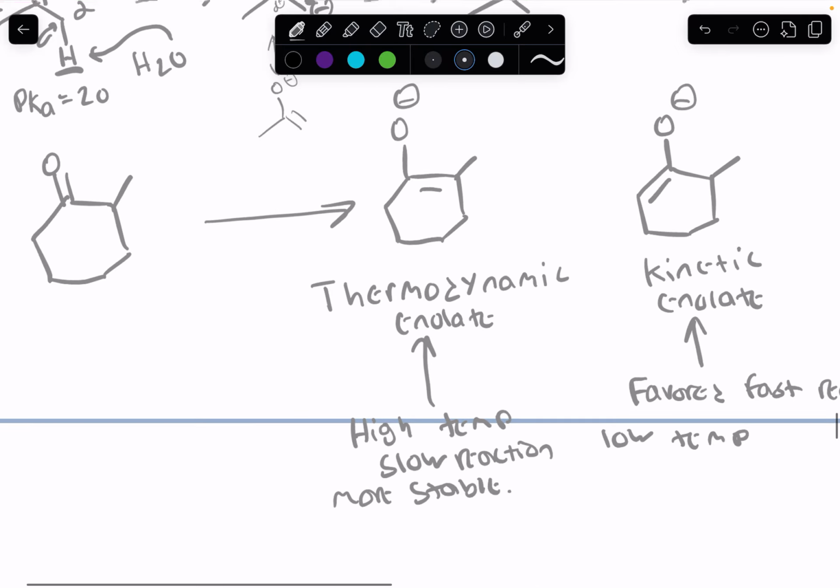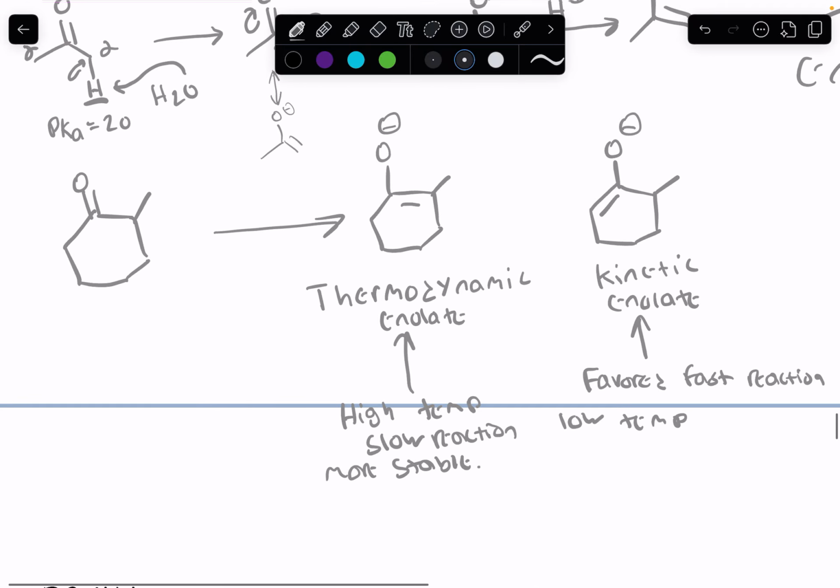So you can get two different types of enolates, so we're going to go over that really quickly: thermodynamic enolates and kinetic enolates. Thermodynamic is more stable. It's more stable due to it being connected to more carbons. When we're talking about that, we look at only the alkenes and see how many carbons each is connected to. This one is connected to one here and one here, right?